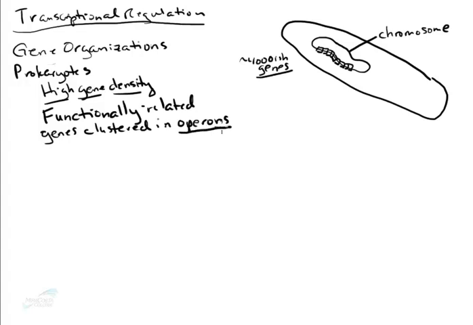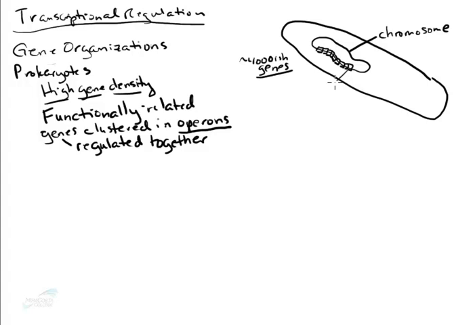Importantly, within those operons, these clustered genes are all regulated together. So if one gets turned on, they all get turned on. If one gets turned off, they all get turned off.